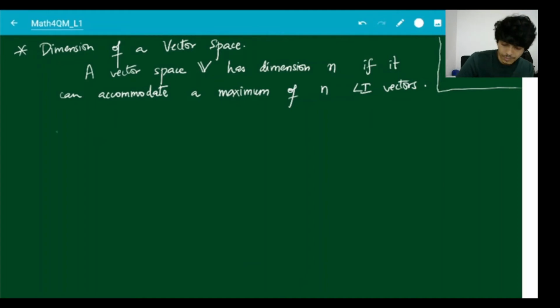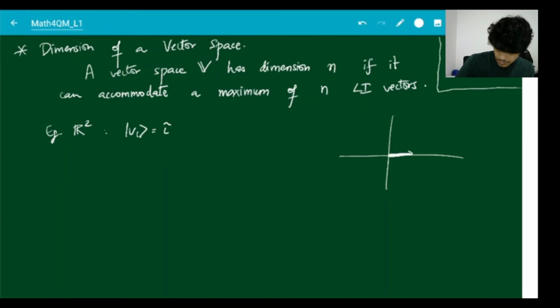Suppose I'm talking about R2. So in R2, which is just your two-dimensional space, let me take two vectors which are linearly independent. Let me take a vector v1, which is i hat, and let me take a vector v2, which is j hat.